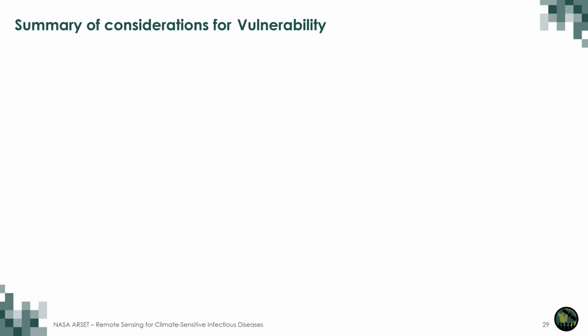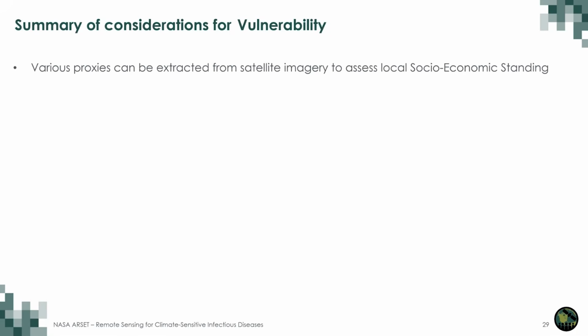So when we're thinking about vulnerability, again, there are different proxies that can be extracted from satellite imagery to estimate socioeconomic standing. If you think about the people who live in the dwellings that I showed in the previous slide, you can estimate by the fact that most of those buildings are built from natural materials.